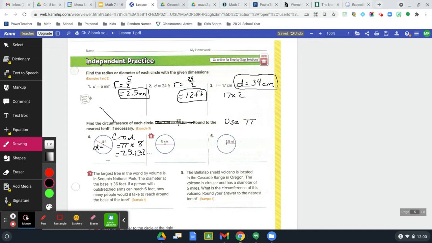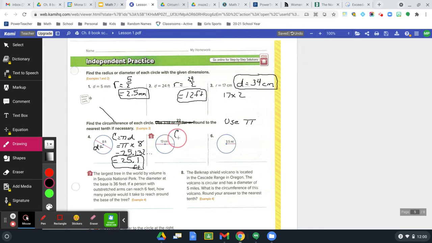So if we round this to the nearest tenth, we're going to say the circumference, the perimeter around the circle, is 25.1 feet. 25.1 feet, nearest tenth.